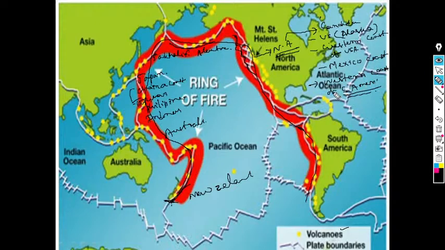So all total, the Pacific ring of fire covers the entire tectonic belt.